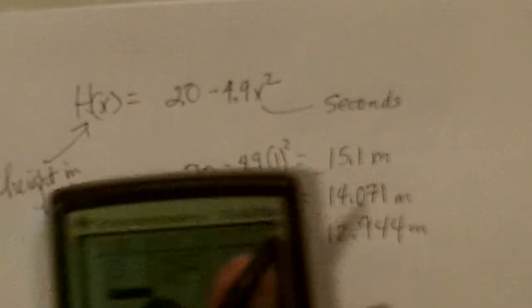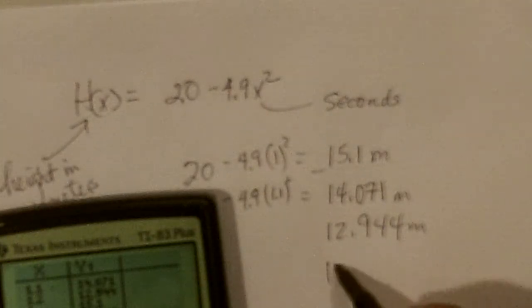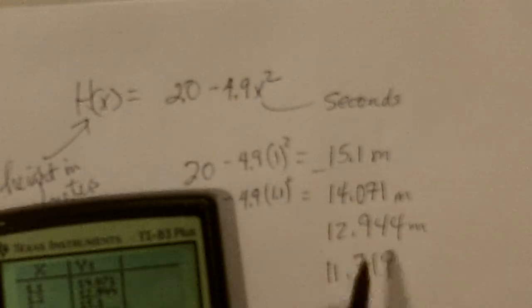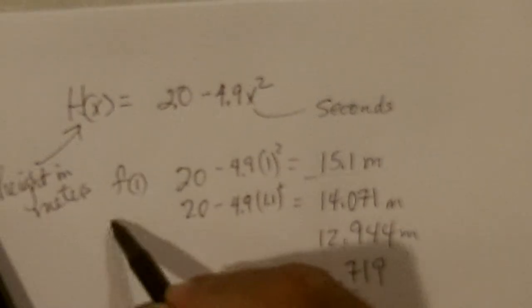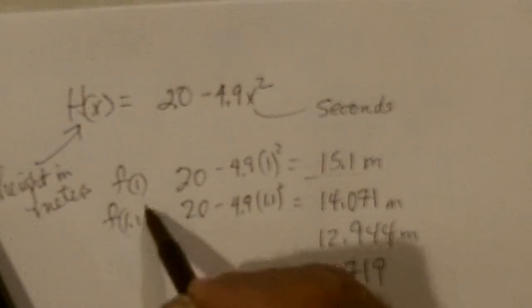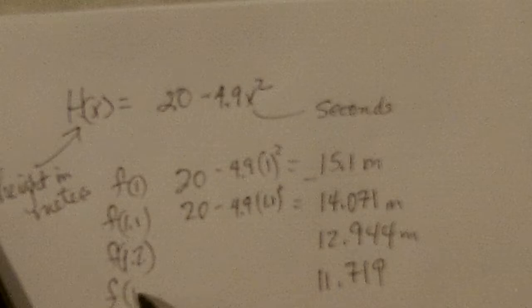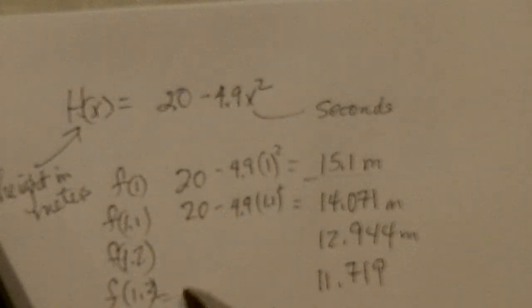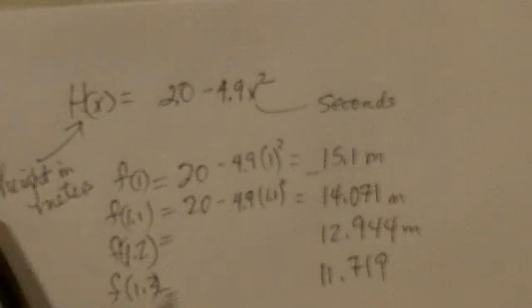And 1.3 seconds, I get 11.719. So that's f of 1, f of 1.1, f of 1.2, and f of 1.3. That's part A. When is the rocket at a height of 15 meters?